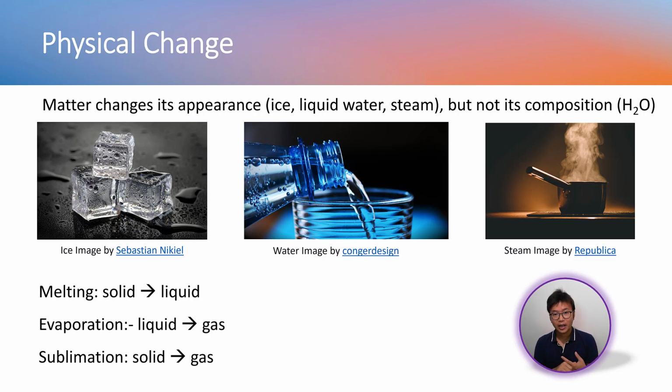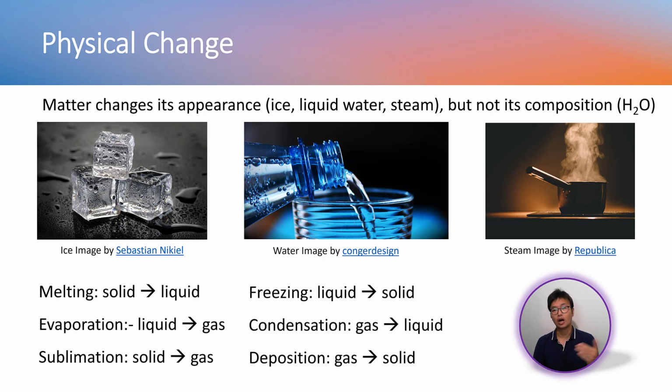There is another type that you may have heard about, or maybe it's new to you. It's called sublimation. Sublimation means a substance can go from solid to a gas phase directly without going through the liquid phase. And on the opposite spectrum, we can have freezing. Freezing means from liquid to a solid.